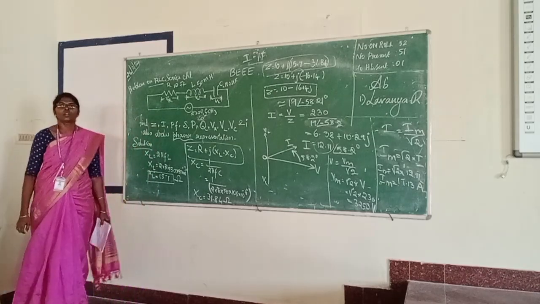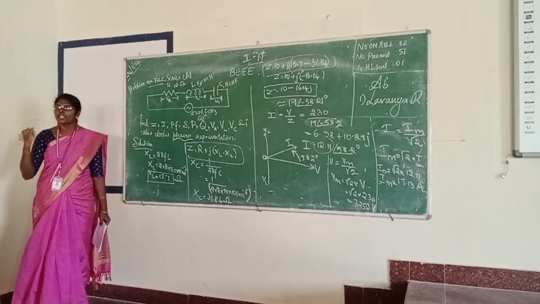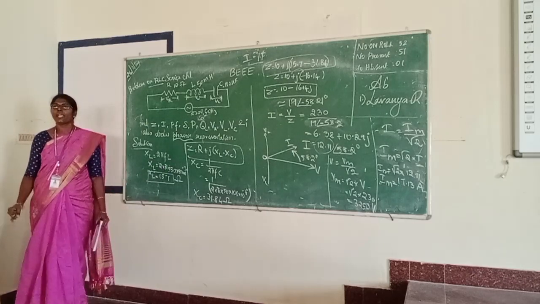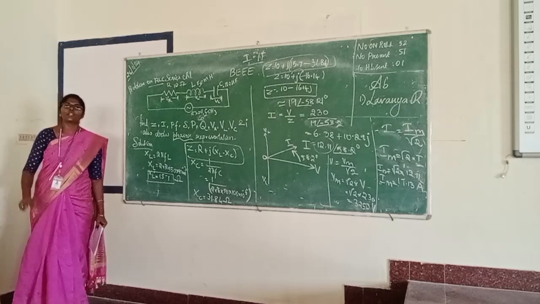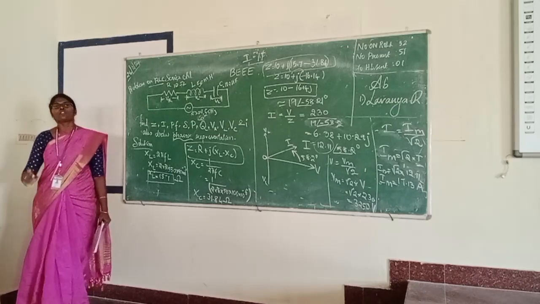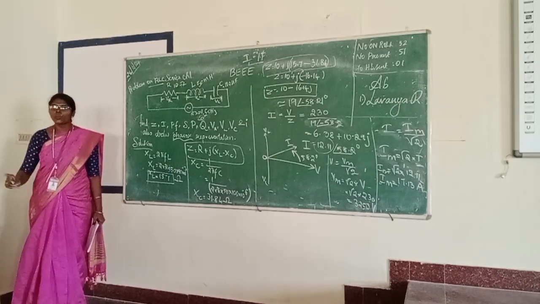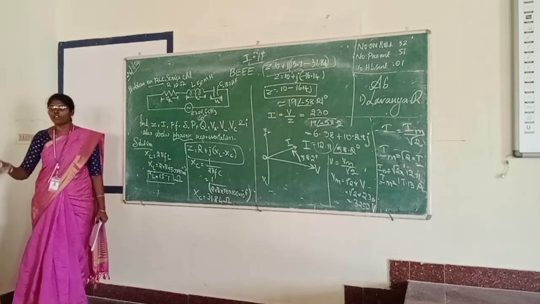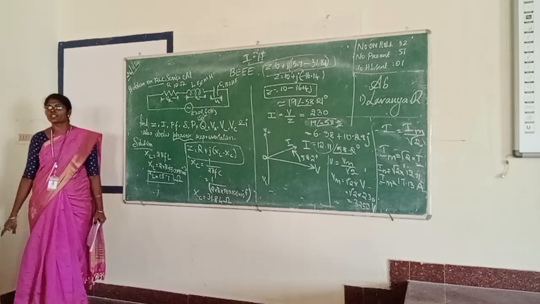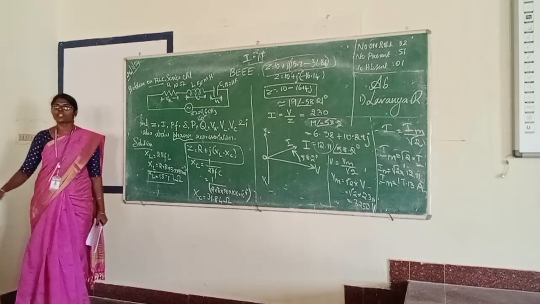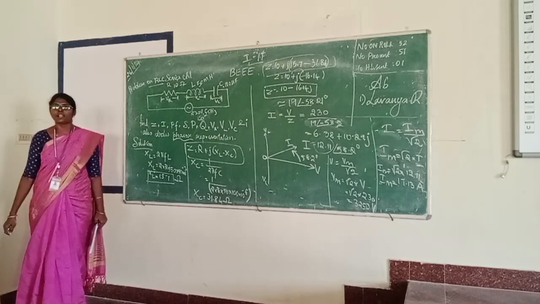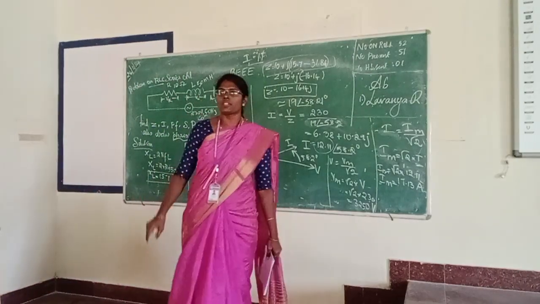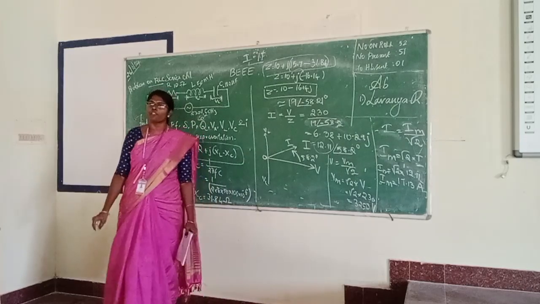So these are the things you have to calculate initially. First you have to calculate Z. The formula is Z = R + j(XL - XC). To find XL, the formula is 2πfL. If you substitute the frequency f and the L given in the question, you will get the value of XL. In the same way, XC is 1 by 2πfC. Substitute and you will get XC.